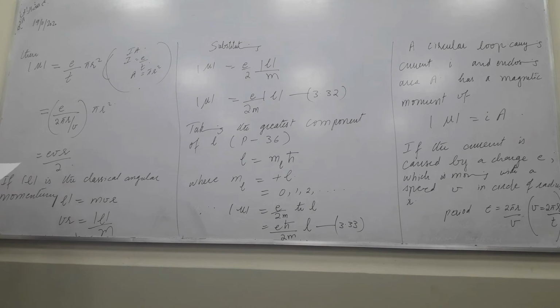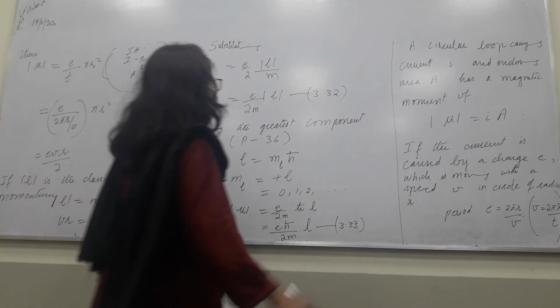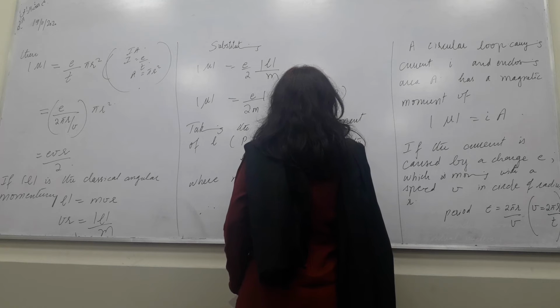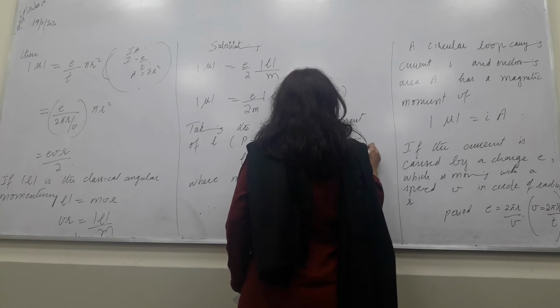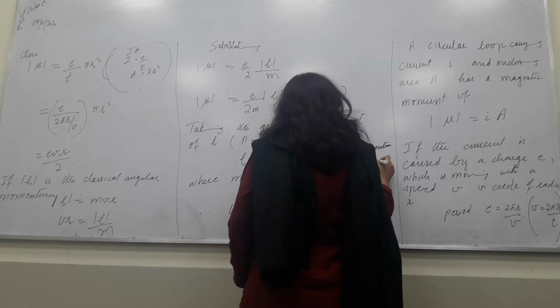And L in this case is the angular momentum quantum number of the orbit. Let's write this somewhere. L is the angular momentum quantum number of the orbit. Okay.